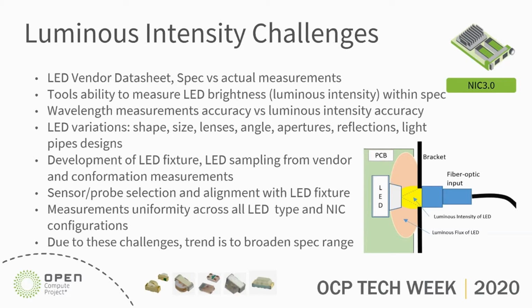And on the bottom of the screen, you can see LED types and their shapes. They're not uniform, so they will produce different light properties, and the sensor will pick up those differences as well and will determine the measurements in a different way, which you have to account for.